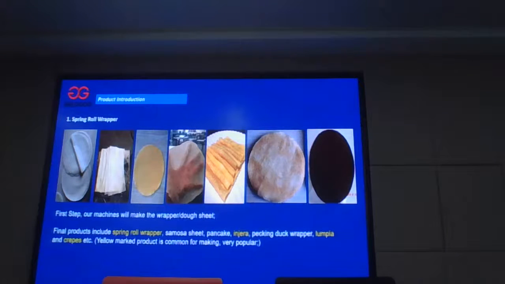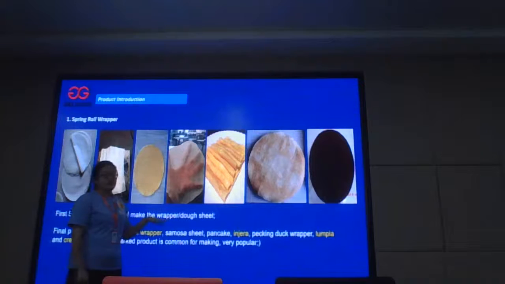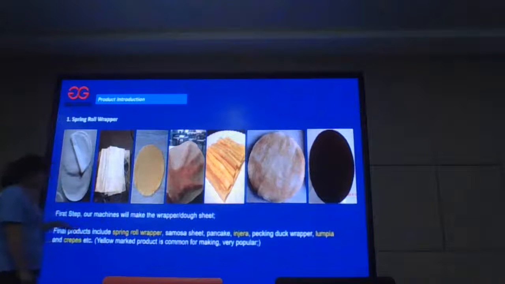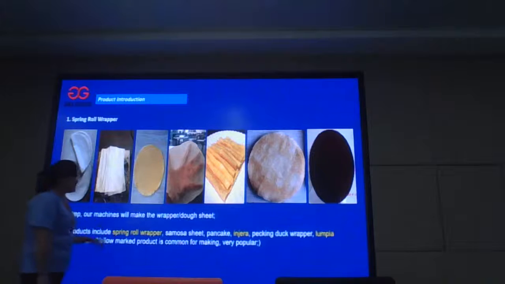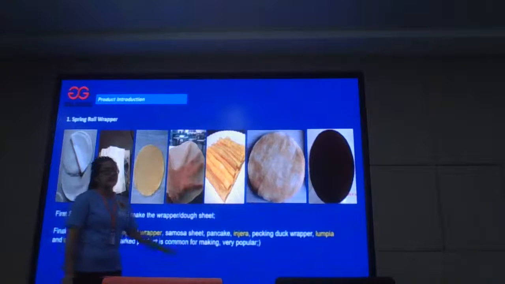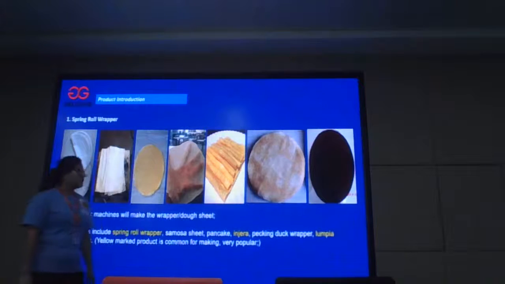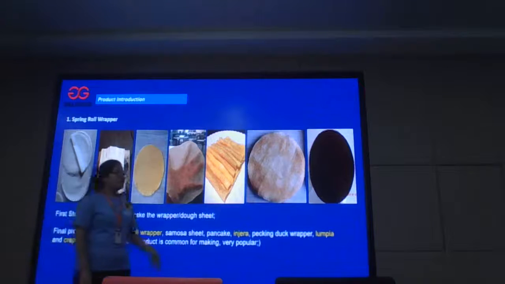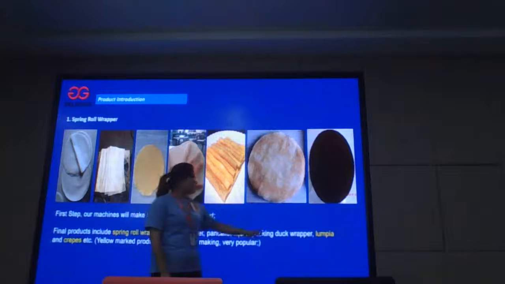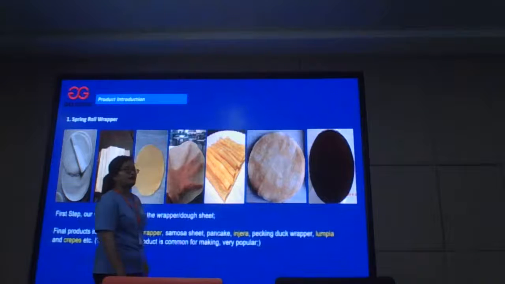First step, our machine will make the wrapper, I mean the dough sheet, and then the final product is the spring roll wrapper. Our machine can make spring roll wrappers, samosa sheets, injera, Peking duck wrappers, lumpia, and so on.